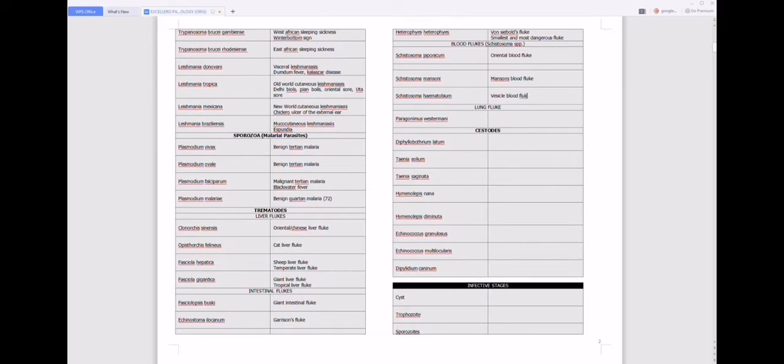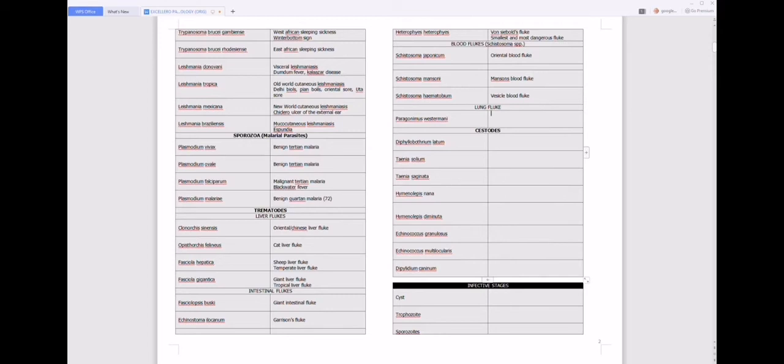So bakit siya vesical blood fluke? Because it can cause diseases in your urinary tract, so the urinary bladder. And vesical is a word that describes diseases of the bladder. Okay? So vesical blood fluke, Schistosoma haematobium.